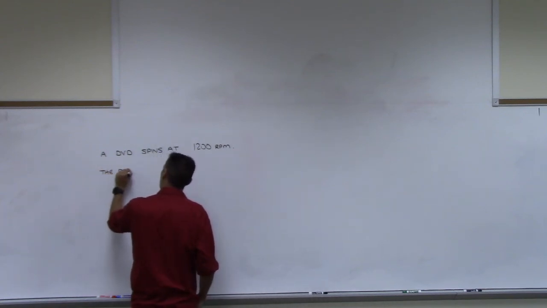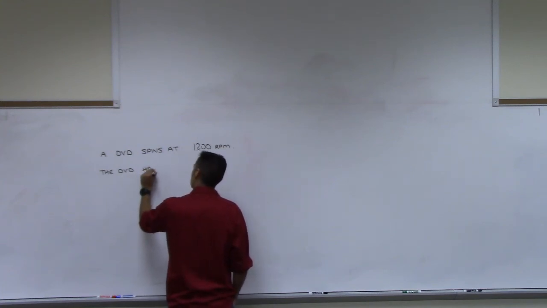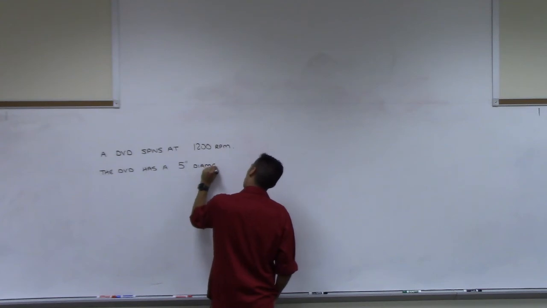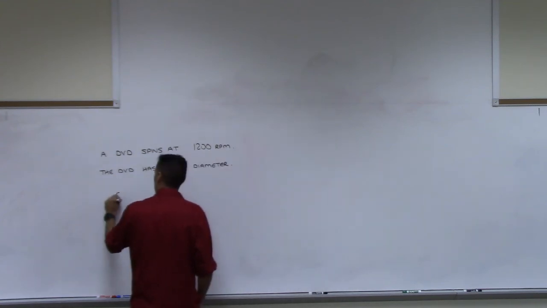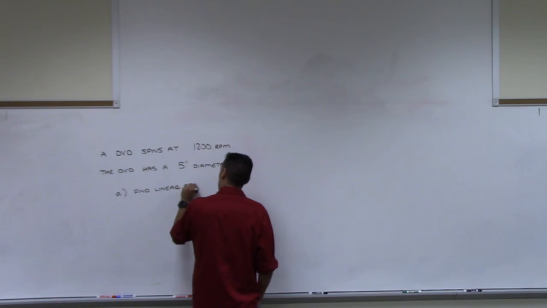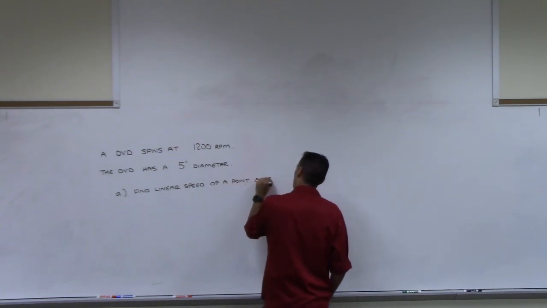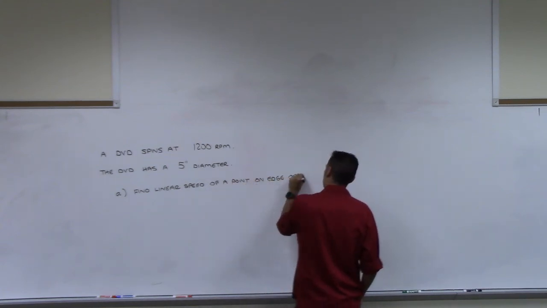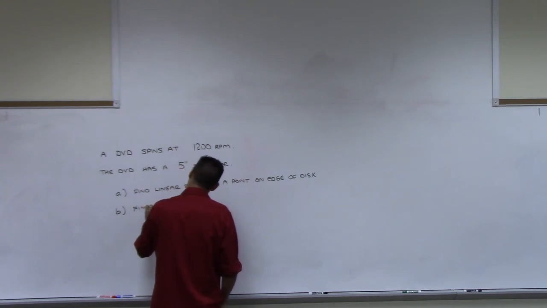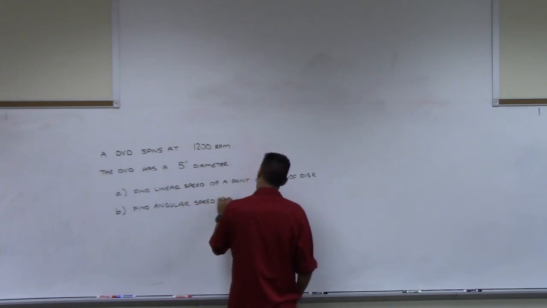The DVD has a 5-inch diameter. Part A, find linear speed of a point on edge of disk. Part B, find angular speed of disk.